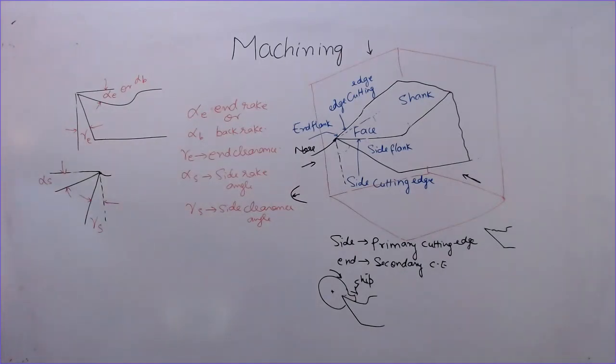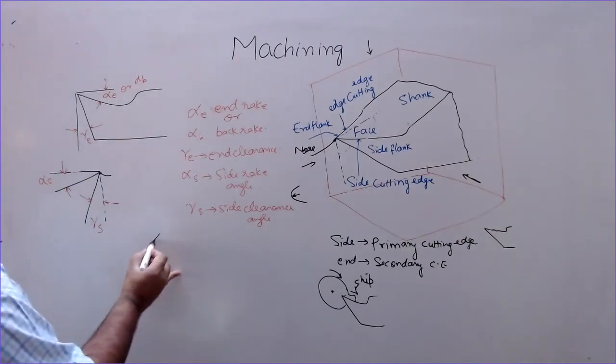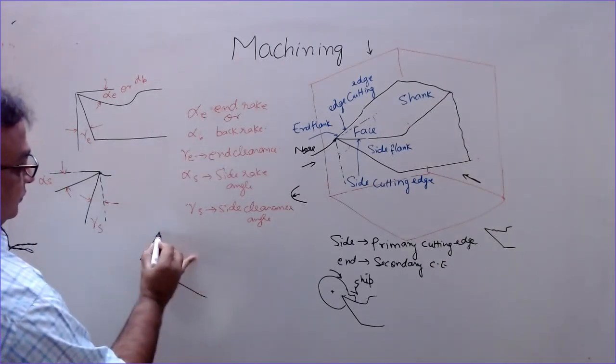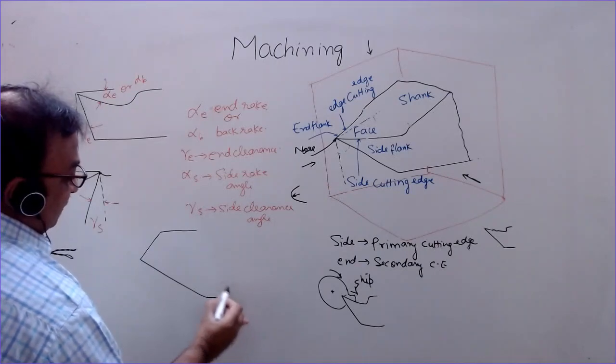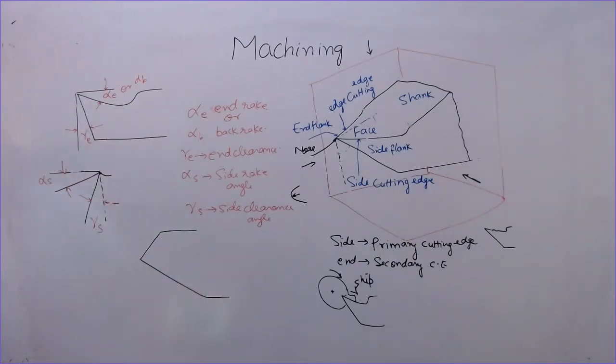Then we have the third view, that is the top view. So in the top view we will be showing the two cutting edges. The one having small length is known as the end cutting edge, the other having larger length is known as the side cutting edge.